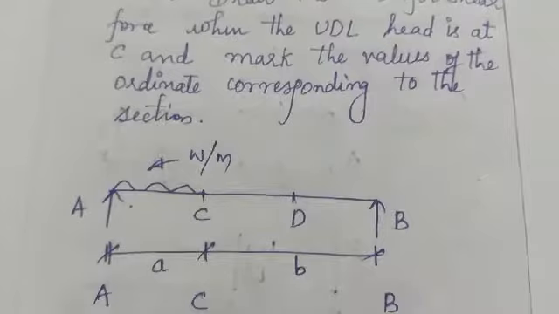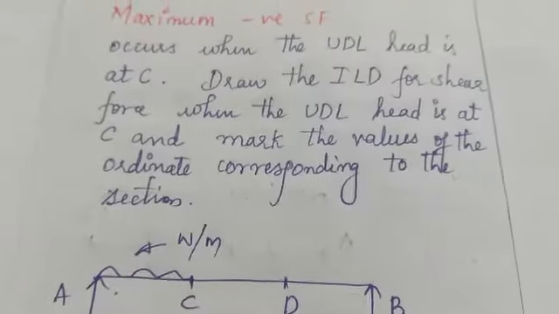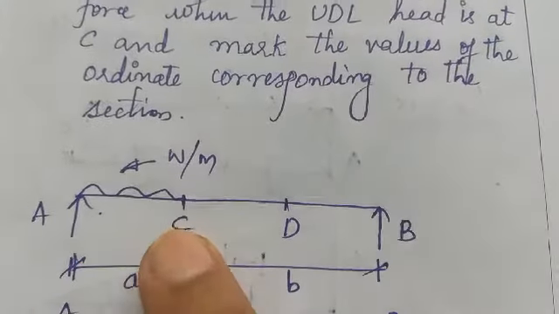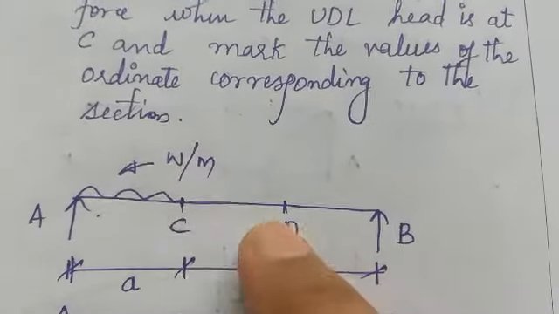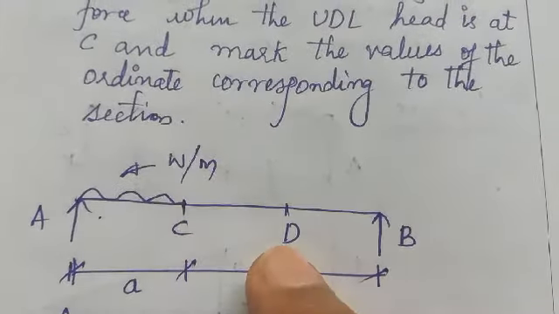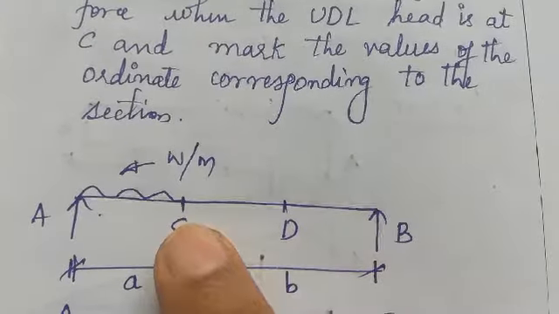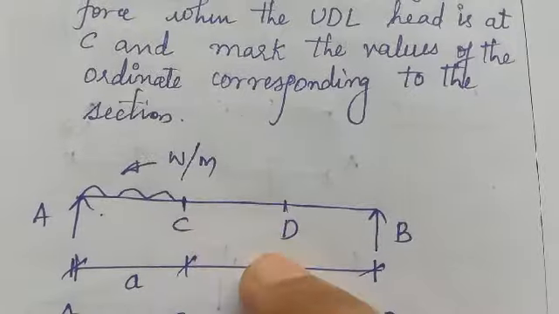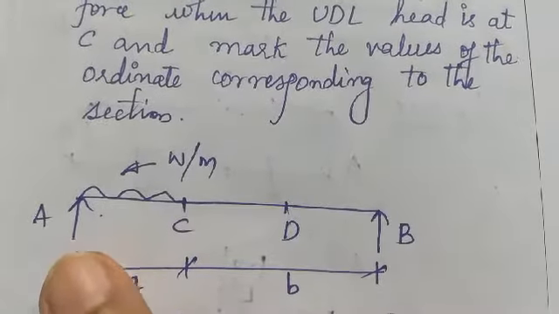Now let us see when the head of the UDL is at C. C and D are two sections for which we are going to calculate the values of shear forces, at C and D.